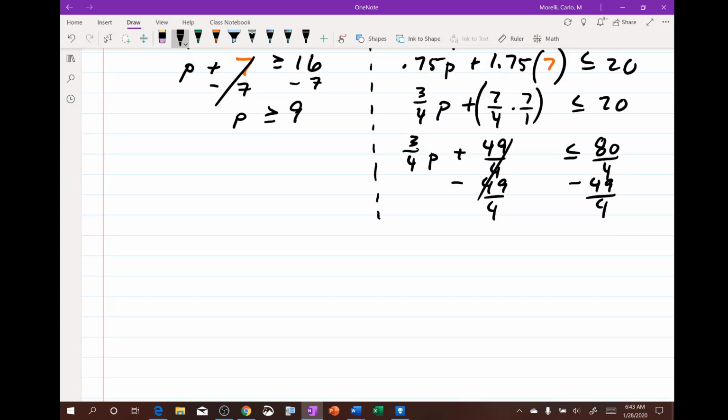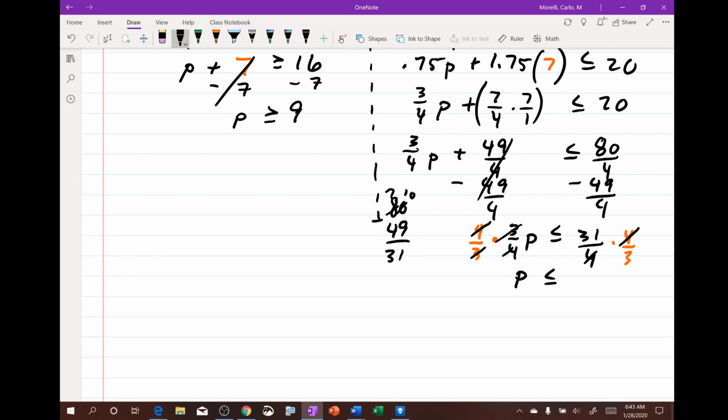And these cancel, so now we have 3/4 P less than or equal to, and then we just have to do 80 minus 49 over in side work. And that's 31/4. Now to get P by itself, we need to multiply by the reciprocal of 3/4, 4/3. And the benefit of doing that is that we can cancel everything on the left and get P by itself less than or equal to. Now we actually can cancel on the right these 4, and we have 31/3.